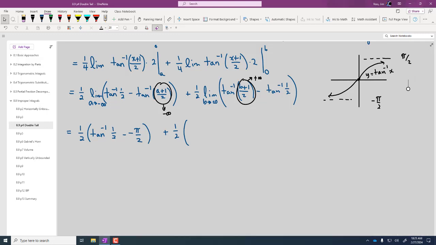So here we're going to have a pi over 2. And that pi over 2 is the constant part up here. And that constant is just itself. So we have that.